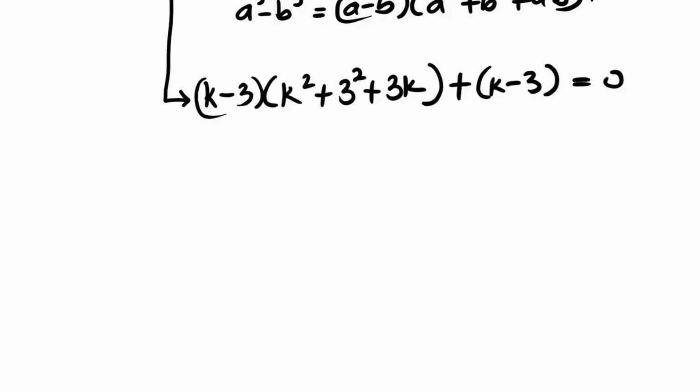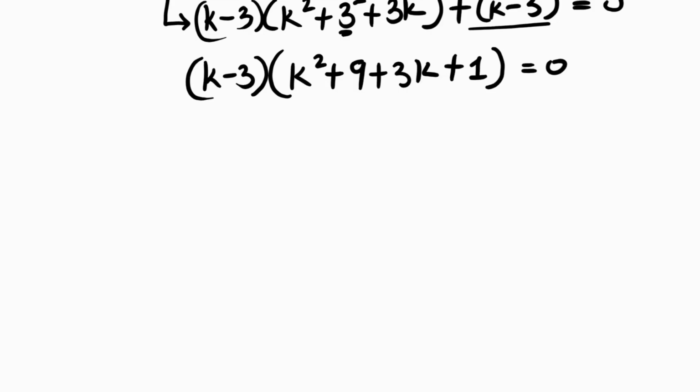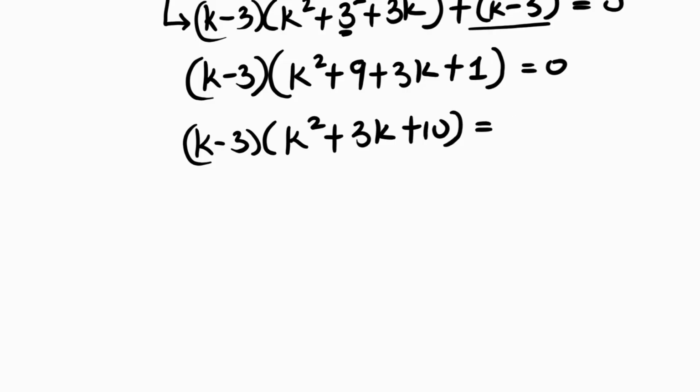So now if we factor out k minus 3, we now have k squared, 3 squared is what, 9, plus 3k, plus 1 equals 0. So we have k minus 3 into k squared plus 3k plus 10 all equal to 0.